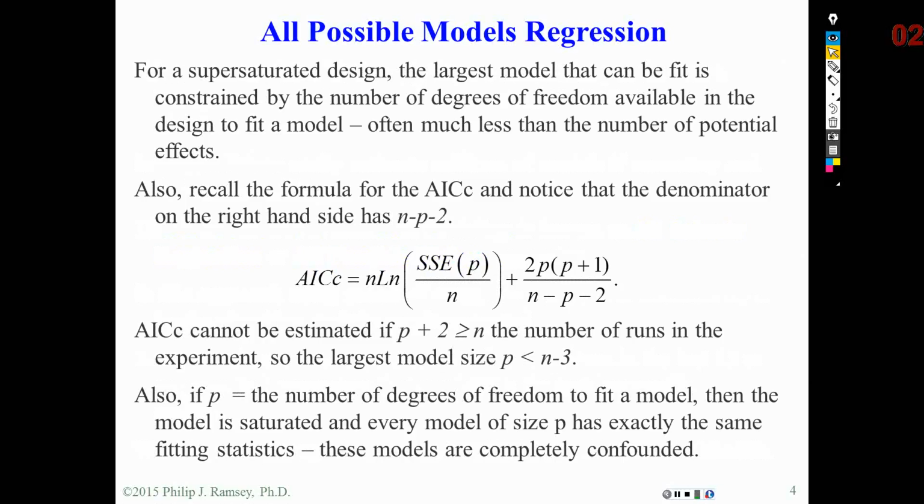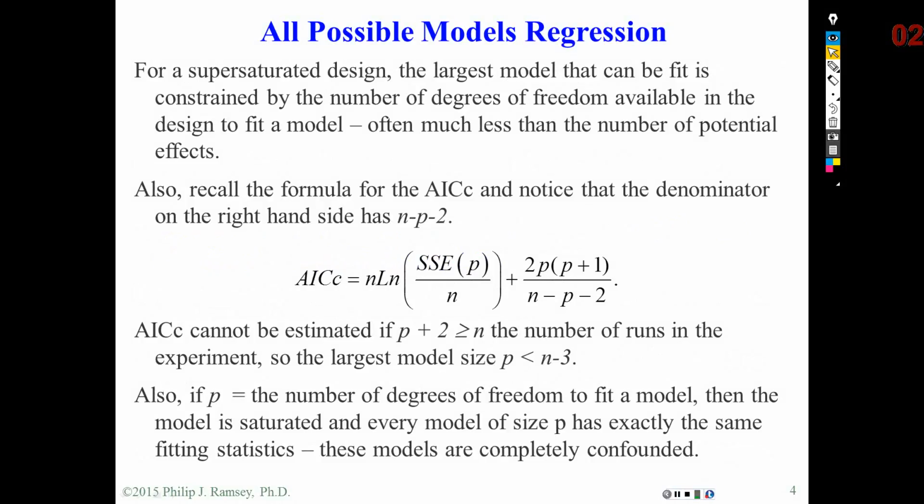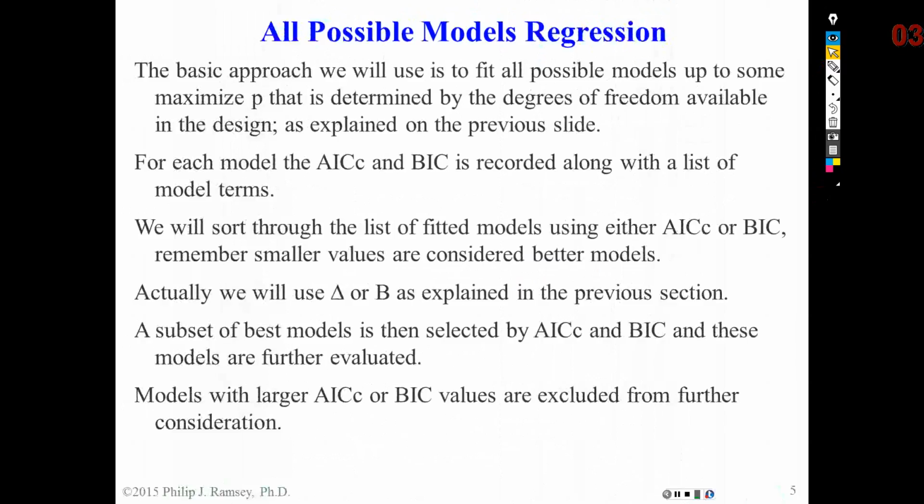And again, just as a quick reminder, one of the statistics we will use is the AIC statistic, and remember it has its companion, the BIC, that we've discussed in previous videos. Okay.